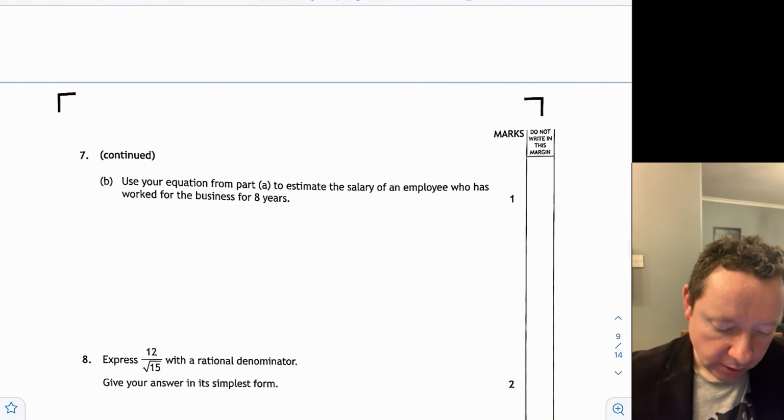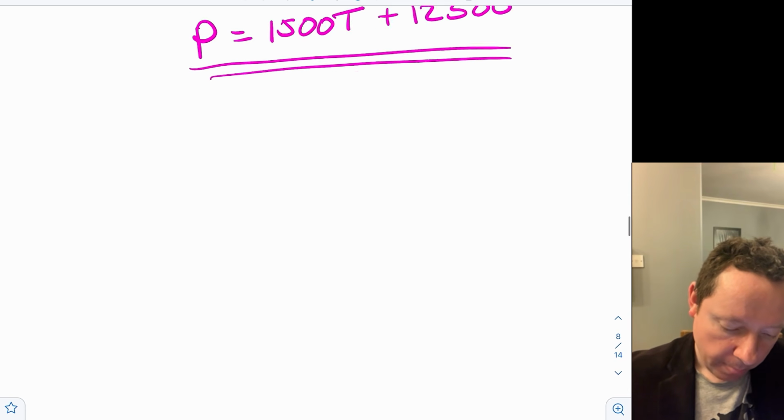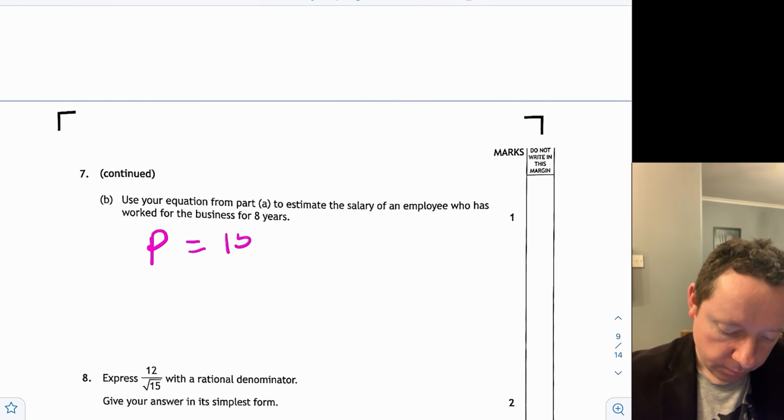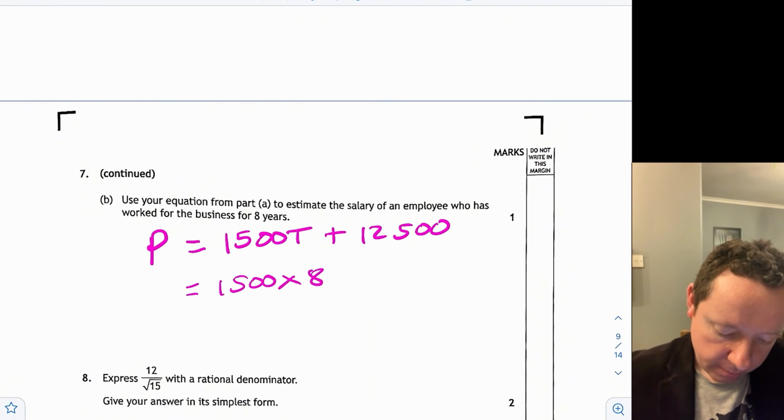Part B, use your equation from Part A to estimate the salary of an employee who has worked for the business for 8 years. So remember, our P was 1,500t plus 12,500. And they're saying that 8 years, so that means that the pay is 1,500 times 8, plus 12,500.